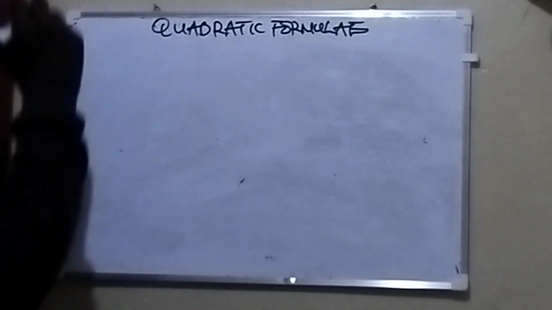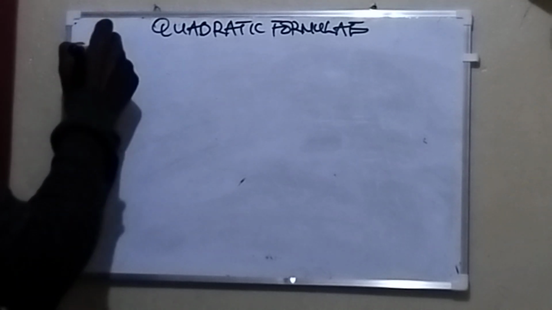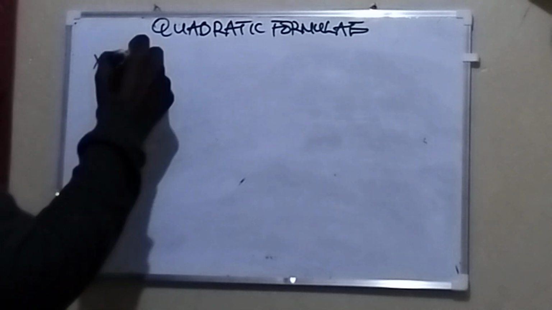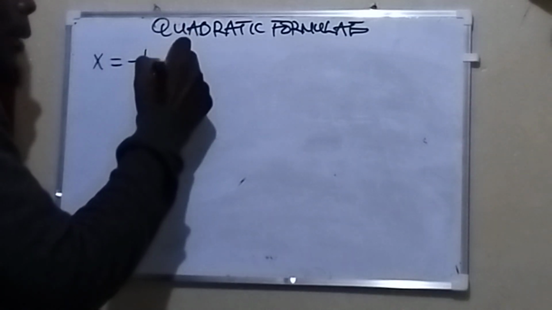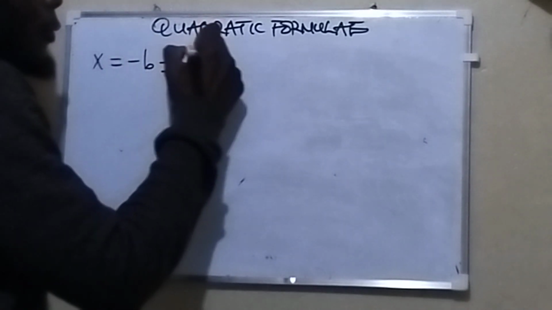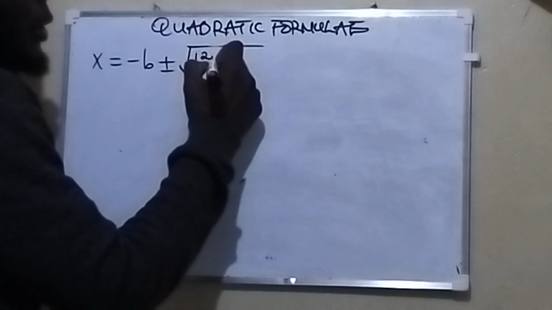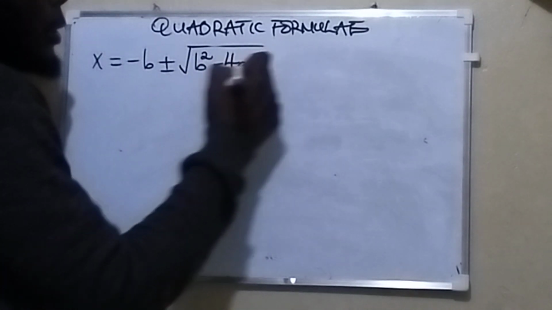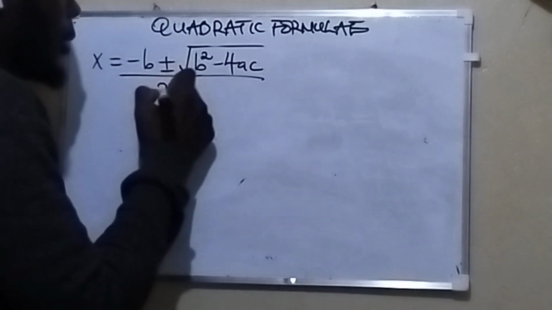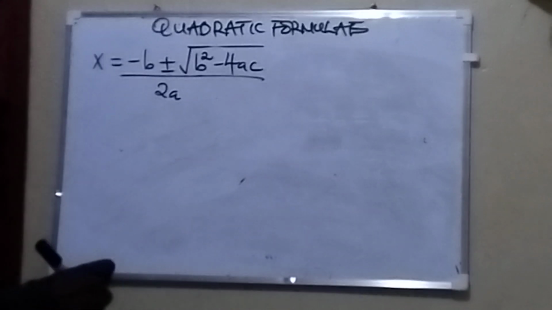So, the quadratic formula. We know the formula: if you want the value of x, x is equal to negative b plus or minus the square root of b squared minus 4ac, divided by 2a.